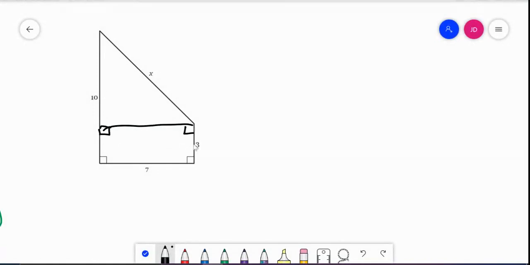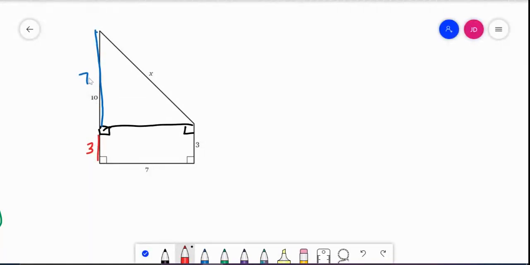I know this is 3. That means this has to be 3. And since this whole thing is 10, this part has to be 7. So we have 7 plus 3 is 10.